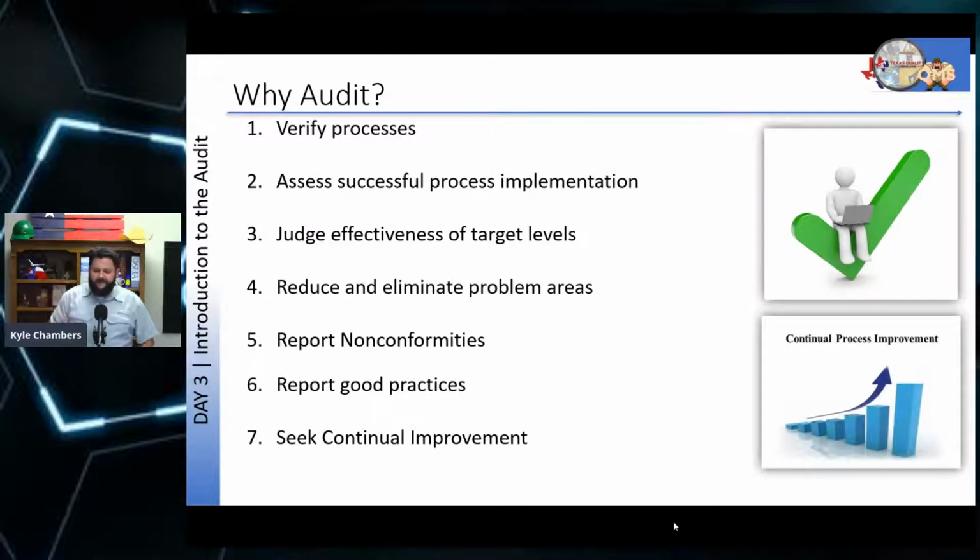So the next piece of an effective internal audit is we want to assess successful process implementation. Not only do we have the processes that are necessary for your organization, but how successfully are these implemented? Again, we're going to talk a little bit about this idea of process mapping, which has tons of content on here.